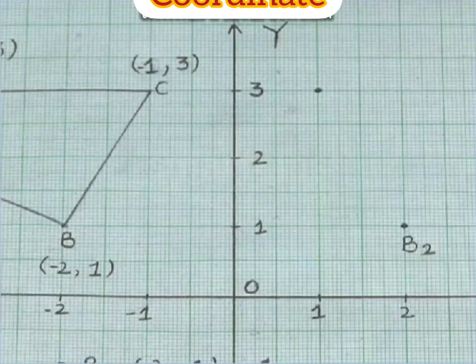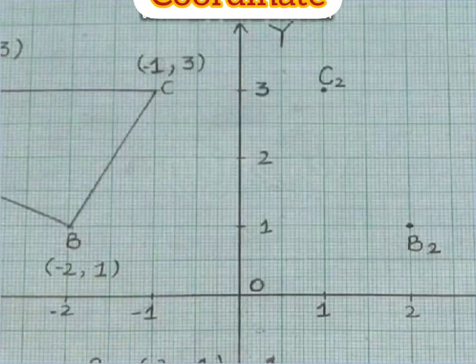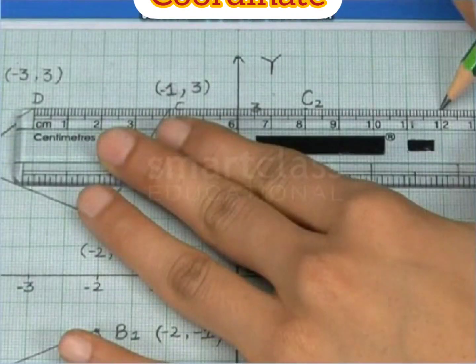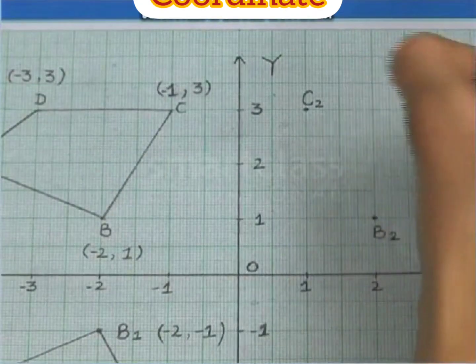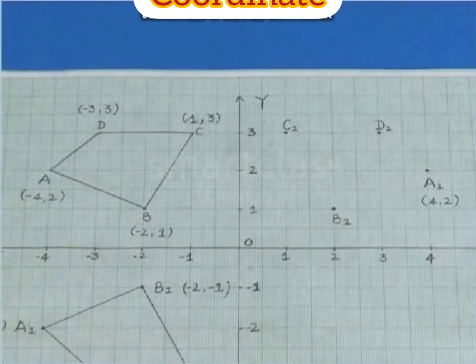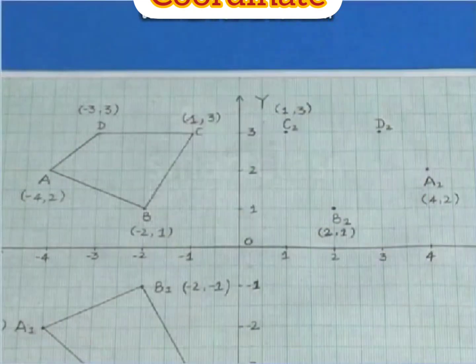Similarly, plot the mirror image of point C with respect to the y-axis and name it C2. Likewise, plot the mirror image of point D with respect to the y-axis and name it D2. Label the coordinates of points A2, B2, C2 and D2.